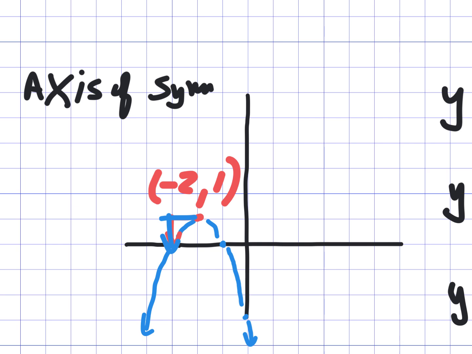The axis of symmetry is x equals something, and that's x equals what? Well, here's the x, -2. I could have gone and said, oh, it's this line, and where is that line? But it's easier to just grab the x of the vertex. All right, so that's the axis of symmetry number.